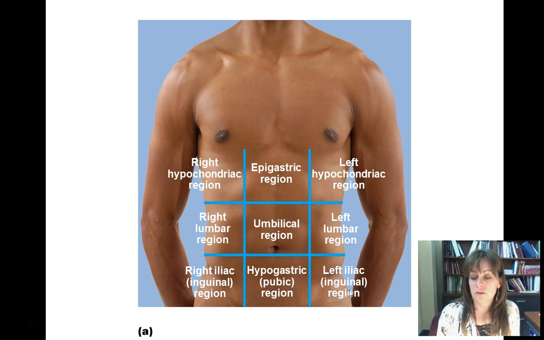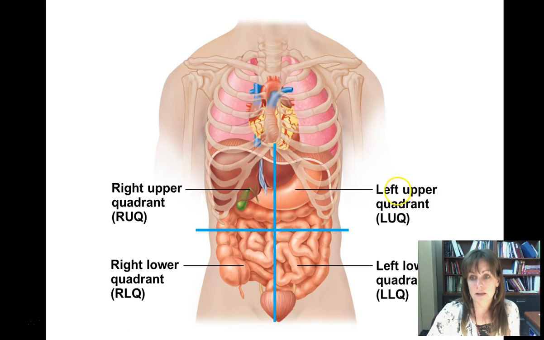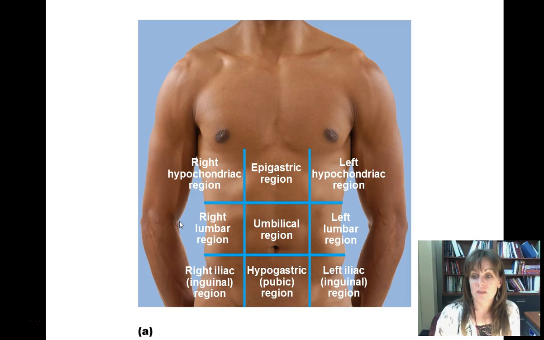So if you're at an exam and they ask you for a quadrant, then you want one of these words. On an exam, if they ask for an abdominal region, you want one of these. Okay, so make sure you're using the right words. And again, these all need to be memorized.